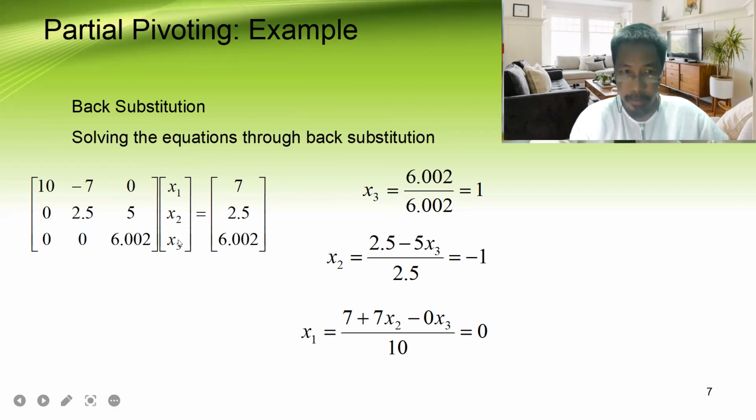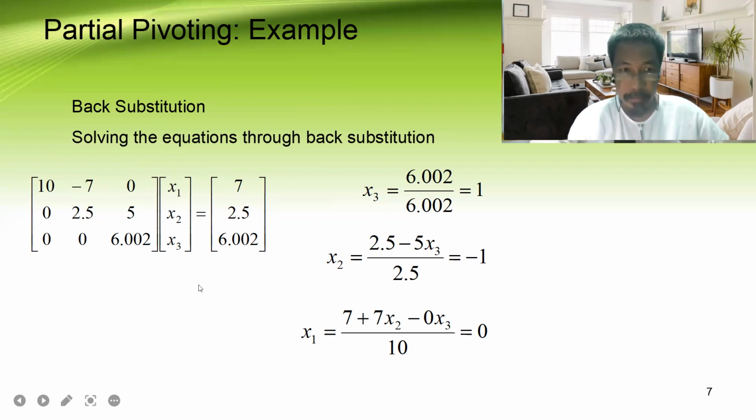And then after finding out the value for x3, we have to back substitute so that we can find out the value for x2. So we have the value for x3, which is equal to 1, then back substitute to find the value for x2. So this is 1, so 2.5 minus 5 is negative 2.5 divided by 2.5, that is negative 1. So we are already able to solve 2 values. Therefore, the last variable is x1.